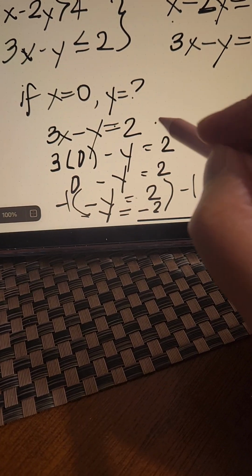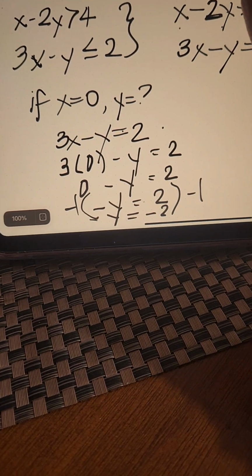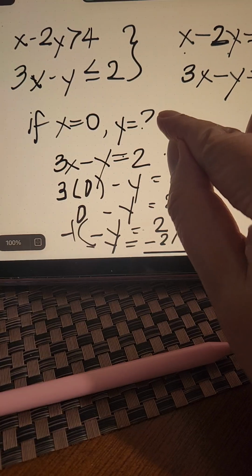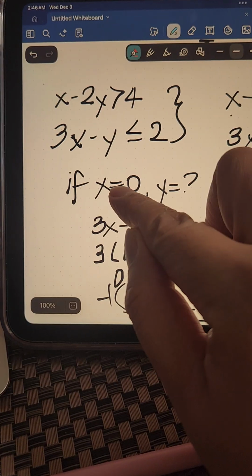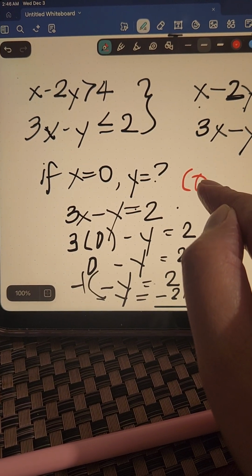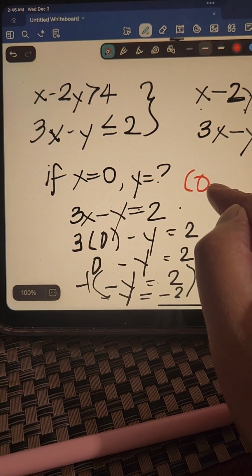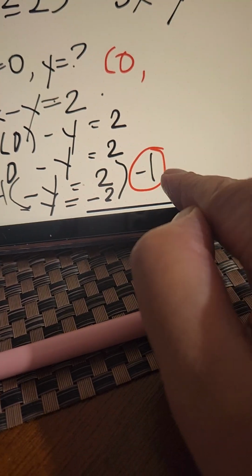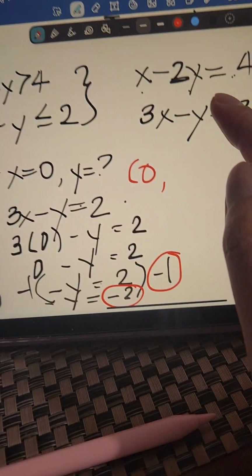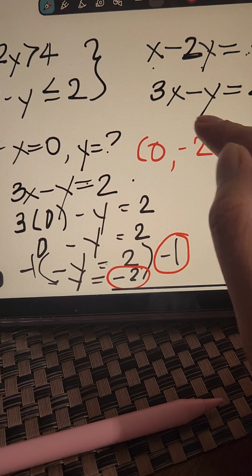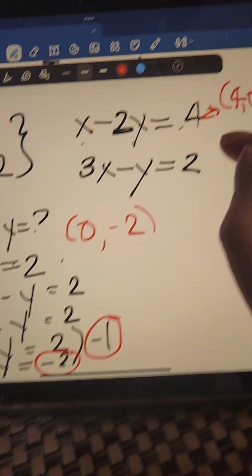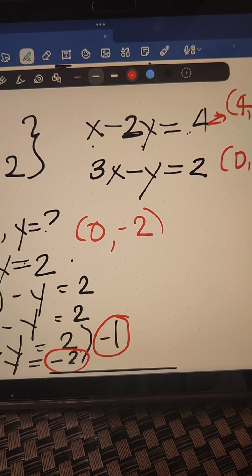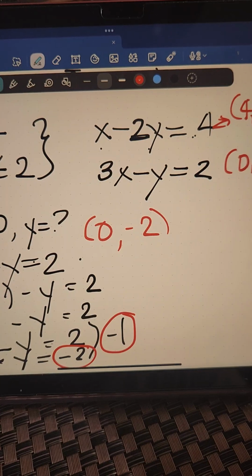Okay, so now we have yung ating first point, yung first ordered pair, which is 0 yung x natin. Remember, si x nilalagay sa kaliwa, and then si y, negative 2. So lagay na natin siya dito. We have 0 and negative 2.